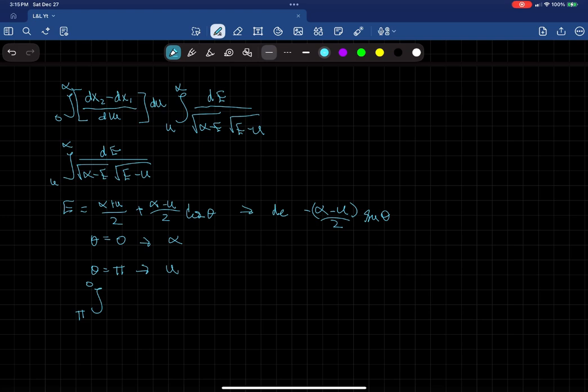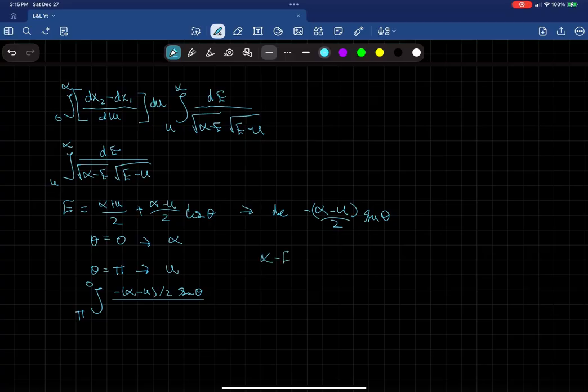So I have negative (alpha minus u)/2 sine theta, all being divided by... now I need to calculate my divisors.